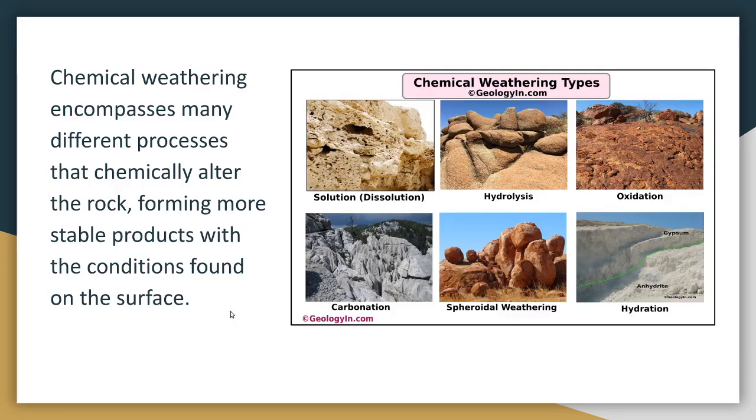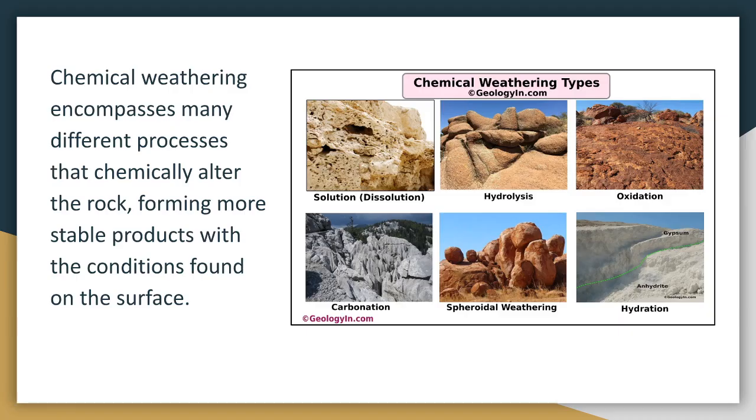It encompasses many different processes that can chemically alter the rock, forming more stable products. In this case, for example, clays. Water is a crucial part of this process, and it is responsible for most of these reactions. It percolates through the rock, through cracks, reacting and altering it. These reactions convert some of the original primary minerals, as I talked about earlier, into secondary minerals, which are formed by the same compounds.